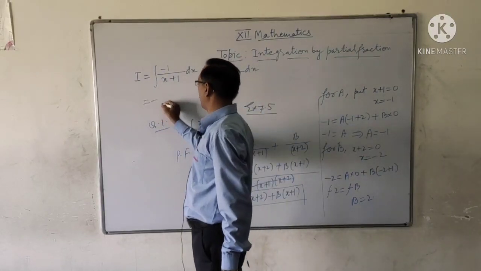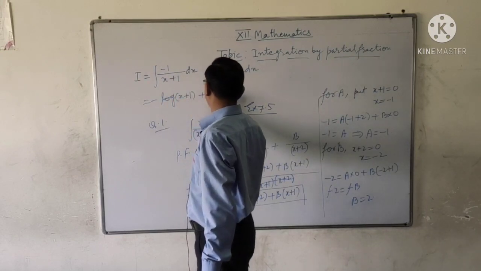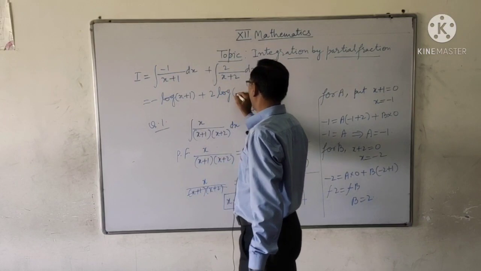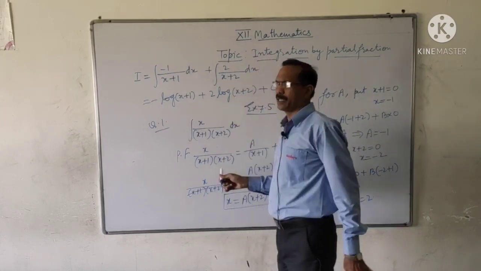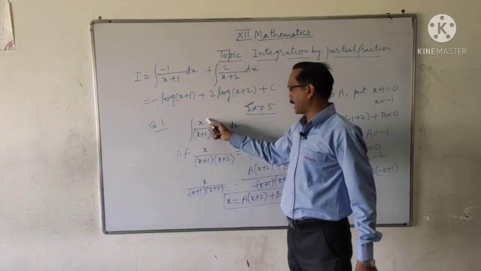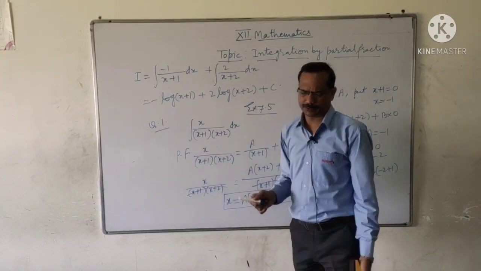Then it is minus log of x plus 1 plus 2 into log of x plus 2 plus c. This is the integration of x upon x plus 1 into x plus 2 dx.